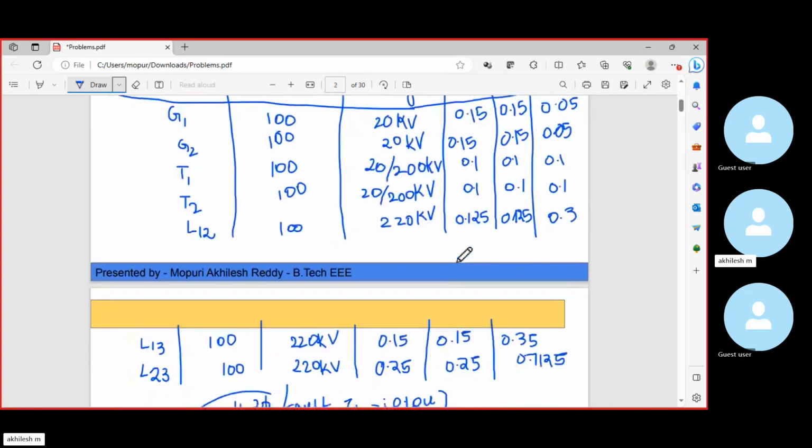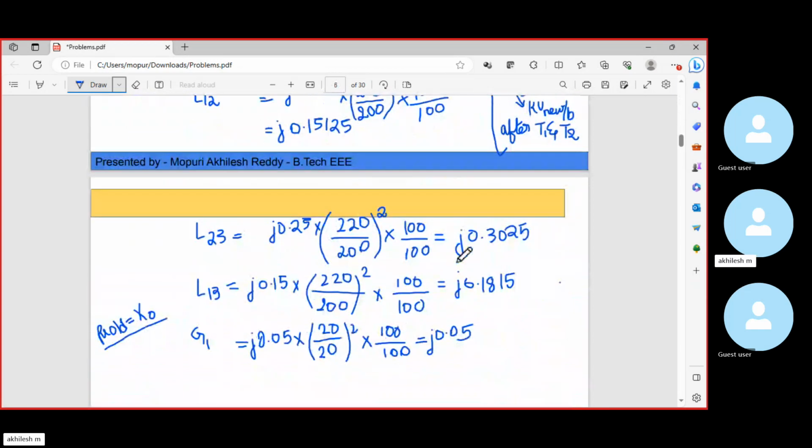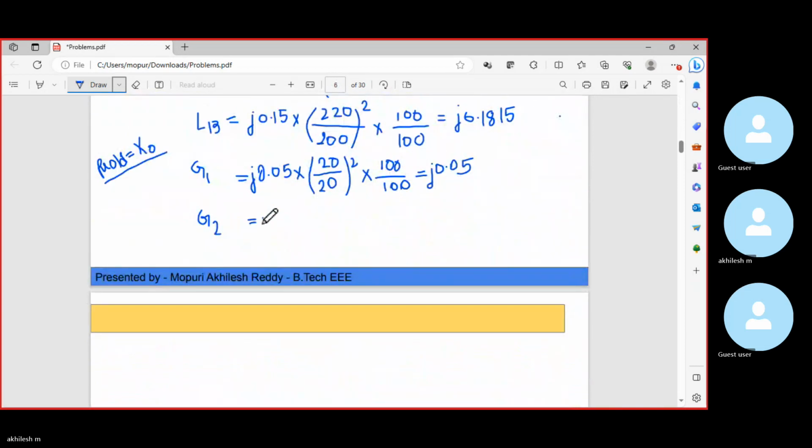So for generator 2, it is again j0.05 into 20 divided by 20 whole square into 100 by 100. Again, it is j0.05.